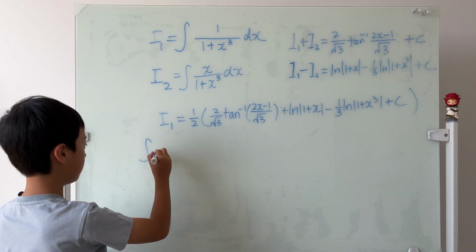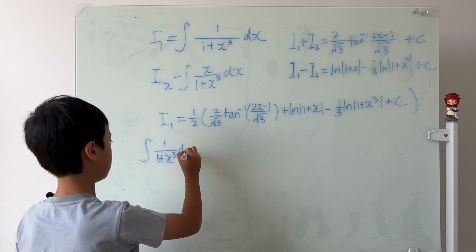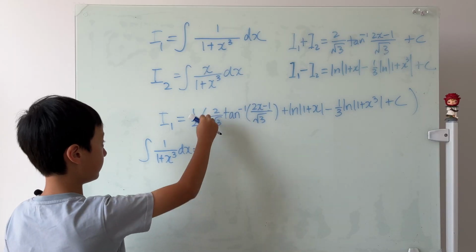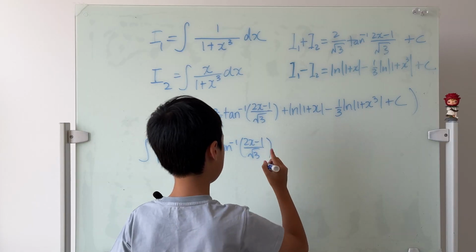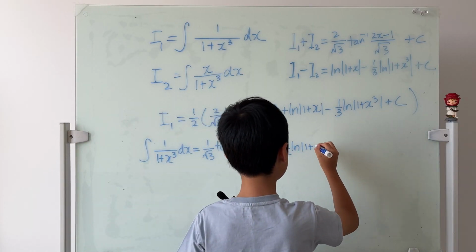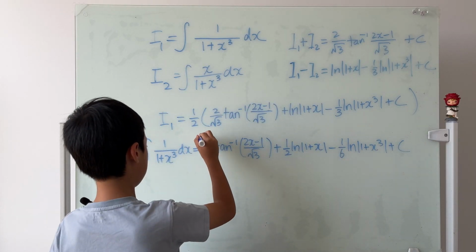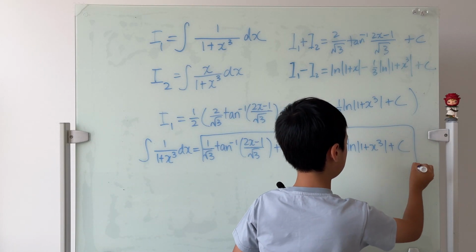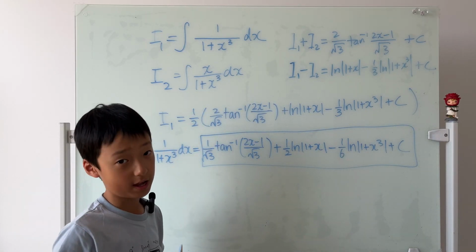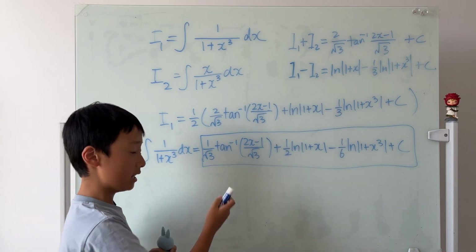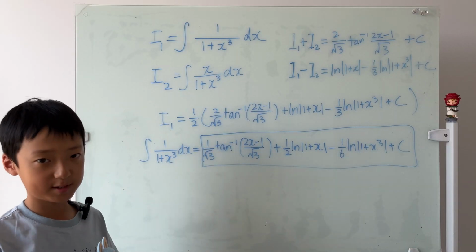So the integral of 1 over 1 plus x cubed dx is equal to, that and that cancel, so it's 1 over square root of 3 inverse tangent of 2x minus 1 over square root of 3, and then add 1/2 times ln of 1 plus x, and then minus 1/6 ln of 1 plus x cubed plus the final c. Very big box. Very long answer. So this is the final answer of the integral of 1 over 1 plus x cubed.